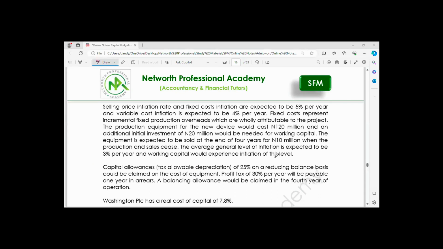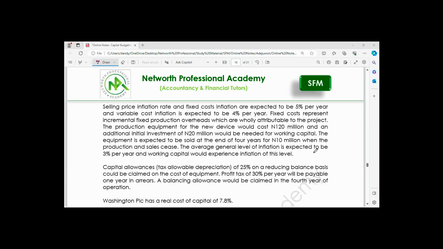The production equipment for the new device will cost 120 million, and an additional initial investment of 20 million will be needed for the working capital. The equipment is expected to be sold at the end of 4 years for about 10 million when the production and sales cease. The average general level of inflation is expected to be 3% per year, and working capital will experience inflation of this level.